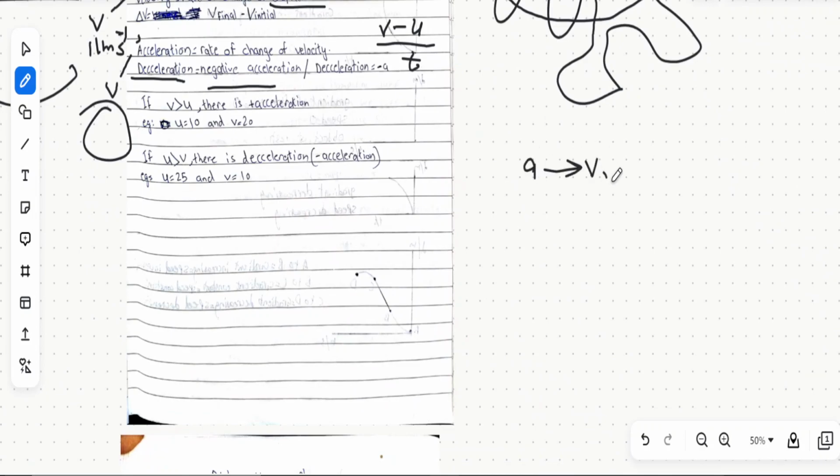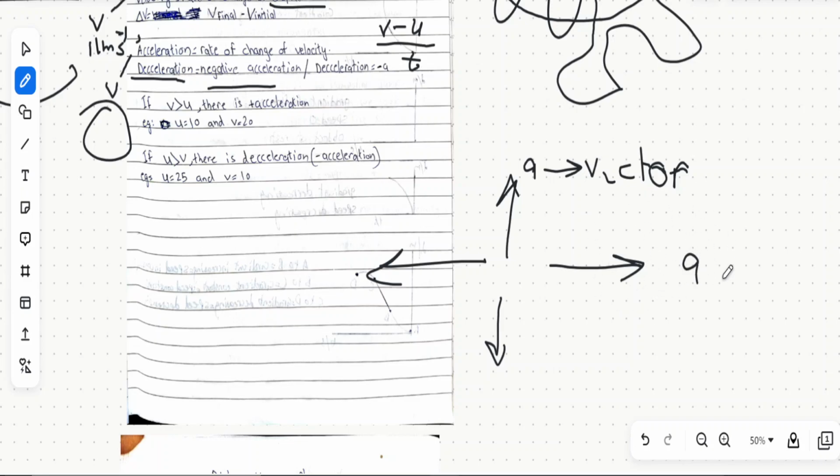Remember that acceleration, I told you, is a vector. That basically means that acceleration has a direction. So it can go right, it can go left, it can go up and down. So if I take my right as positive, then my acceleration in the right direction would be positive. But if I'm moving my car, for example, I have a car that is going in the left direction.